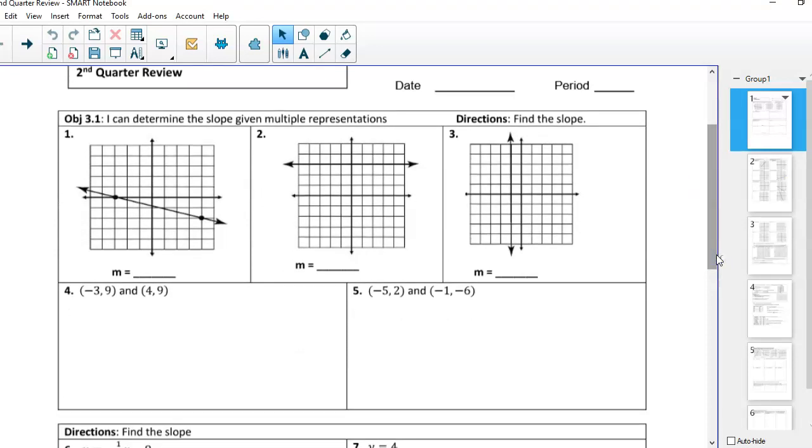Alright, so we can do each of these and then we'll do one of these next pieces. So we need to find the slope of these graphs. If there are not points on the graph already, you will need to find 2 points that cross lines perfectly. What would the slope of this be?